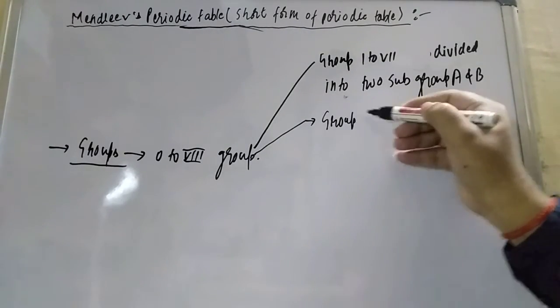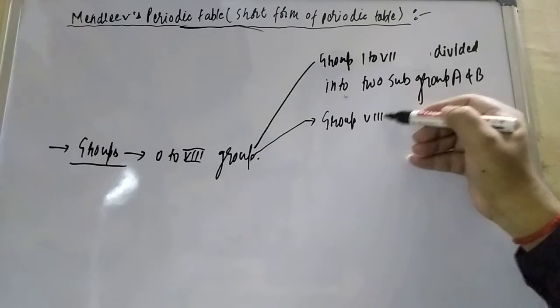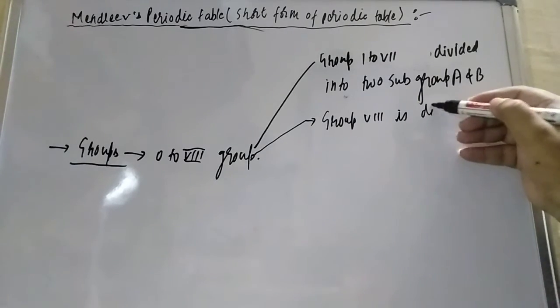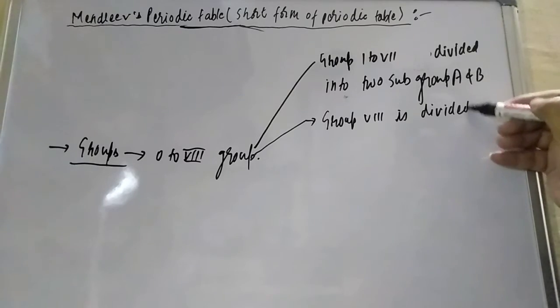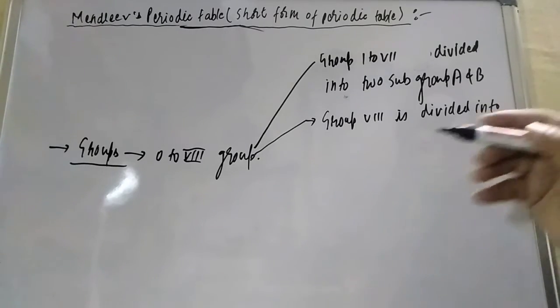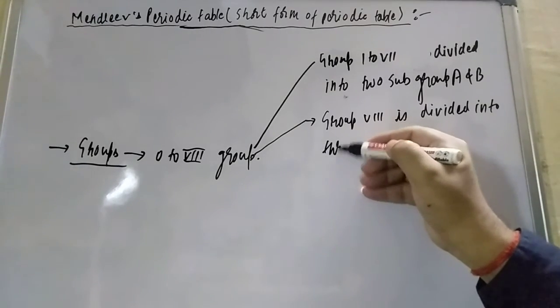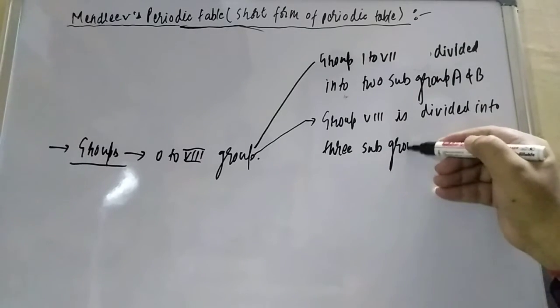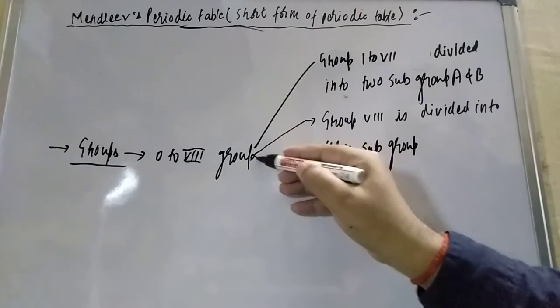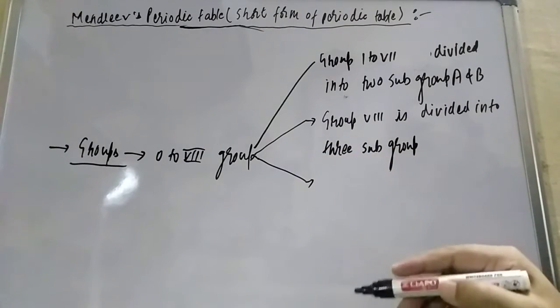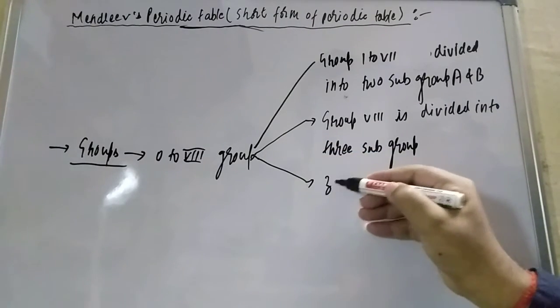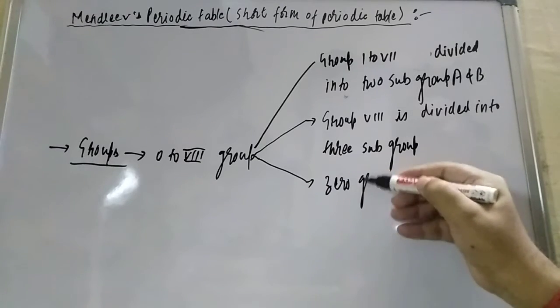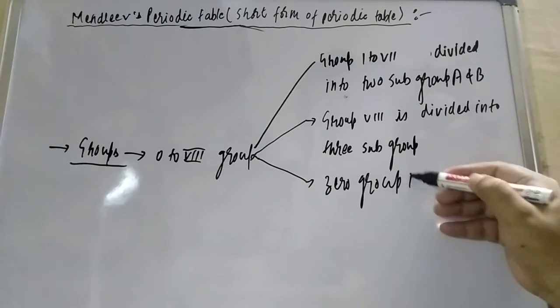Group 8, Roman 8, is divided into three subgroups. Lastly, the zero group remains the same.